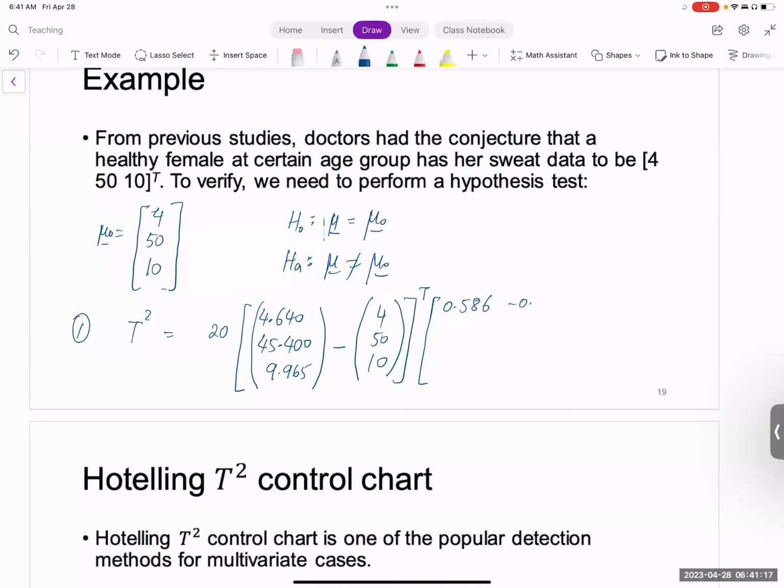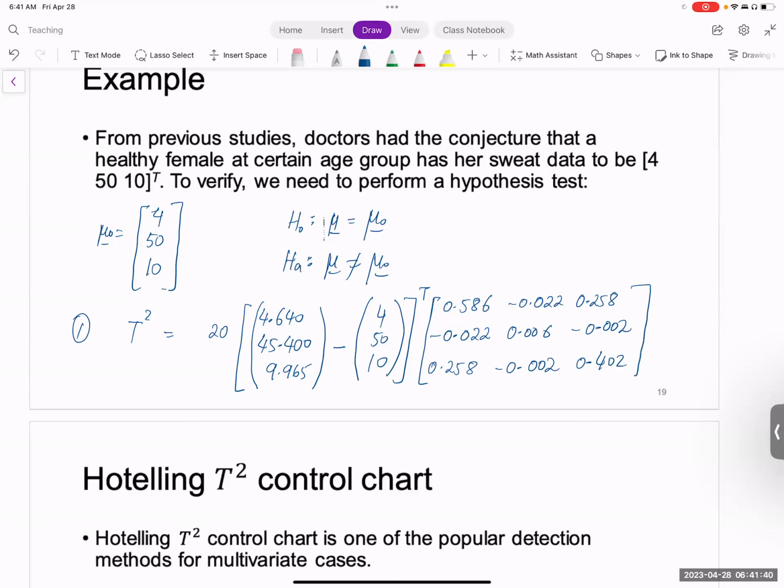0.586, negative 0.022, 0.258, negative 0.022, 0.006, negative 0.002, 0.258, negative 0.002, and you have 0.402.